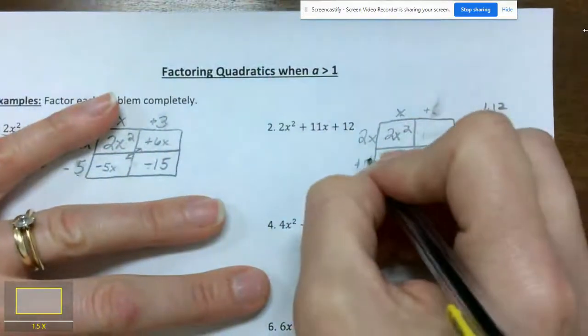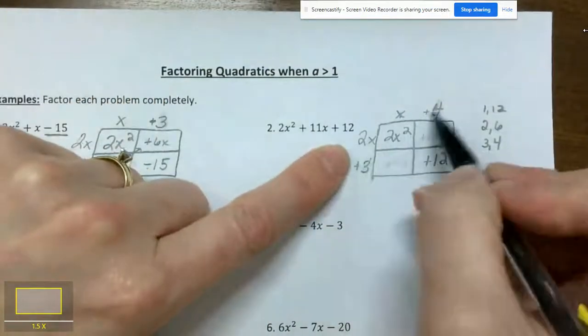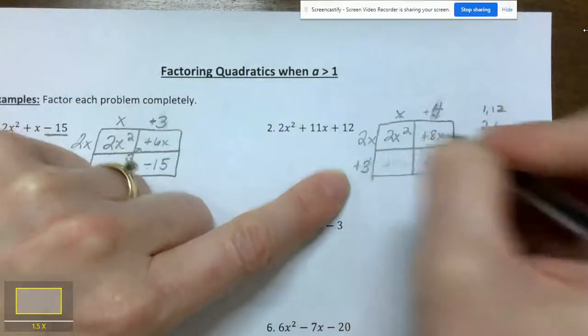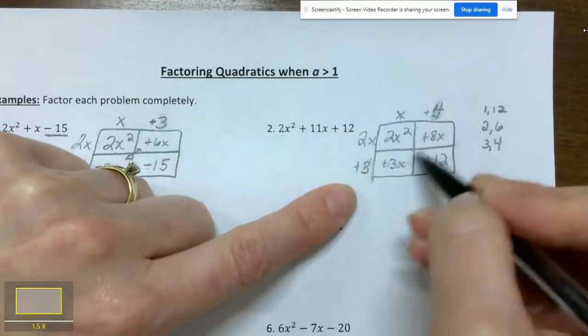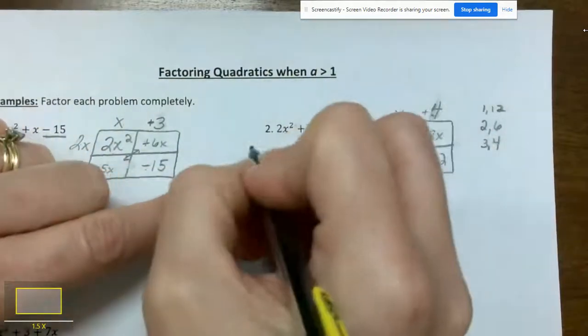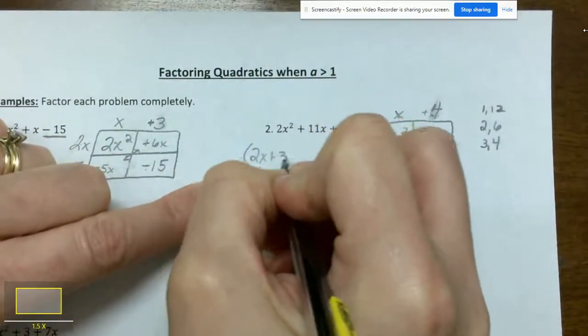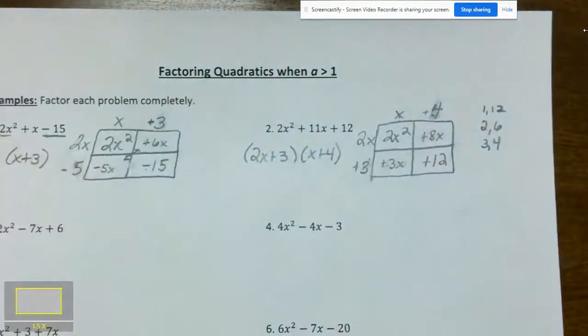What if I put the 3 down here and the 4 up here? Let's see if that works. 2 times 4, that's 8x. And 3 times x, that's 3x. All right, that works. 8 plus 3 gives me that 11. So I've just found my two factors. 2x plus 3 and x plus 4 is what works.